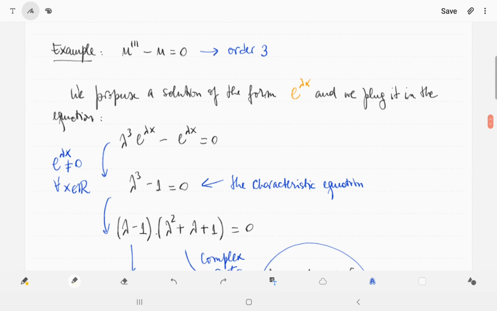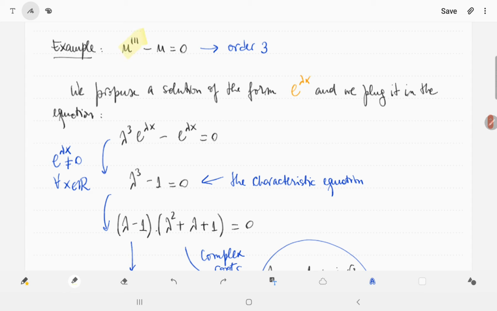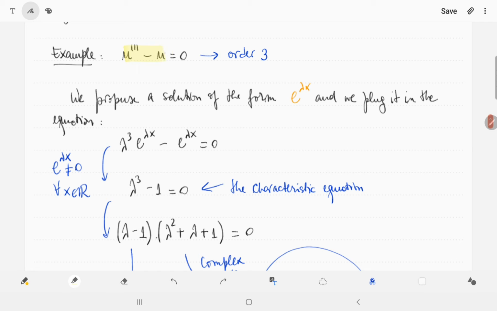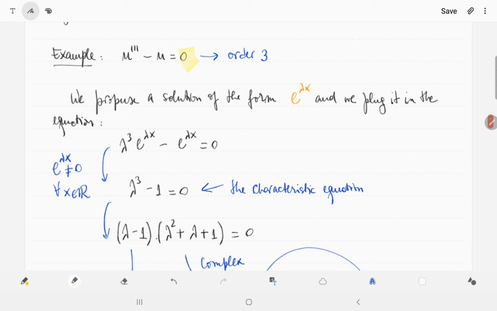We have this third derivative, so order 3. We are still linear with constant coefficients: this is a 1, this is a -1, and the other ones are 0. This equation is homogeneous because this is 0 here, so we are okay.